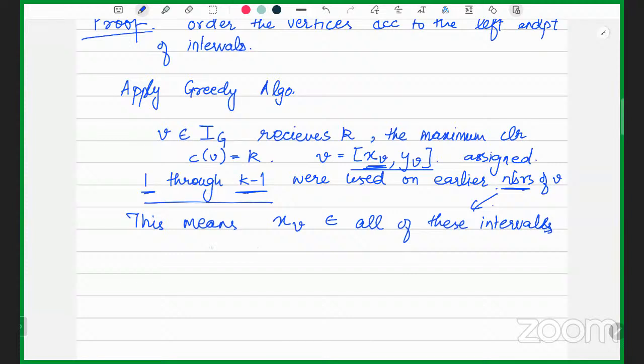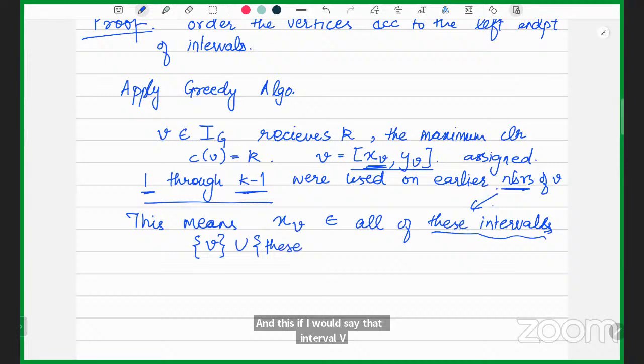And if I would say that you take the interval V along with these intervals, these are how many intervals? 1 through K minus 1.